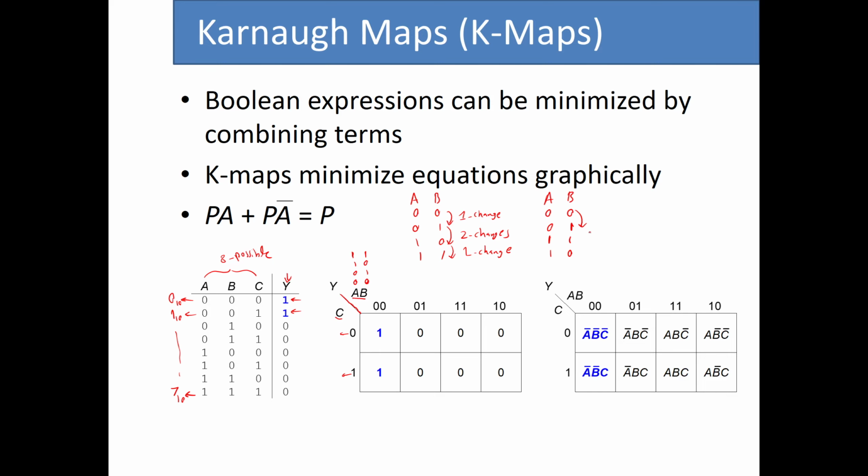From the first one to the second one, we have only one change in the value of the variables. From the second one to the third one, we have again one change. The value for A is changing from 0 to 1. And finally for the last one, again we have one change.